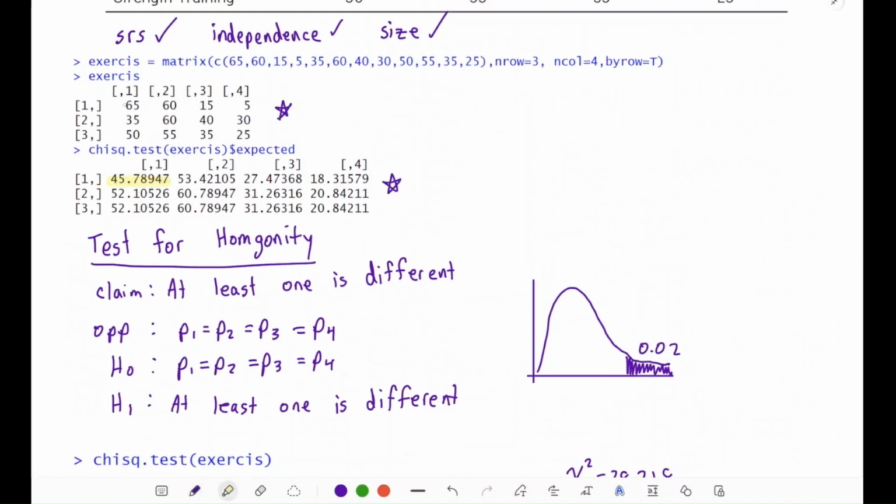So we got 45, 65, that's about 20 off. That's a little over 17 off. Those are a little over 13 off. The rest all looks less than 10 away, though.